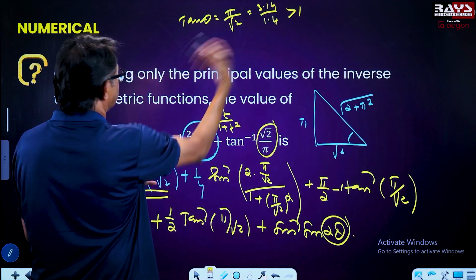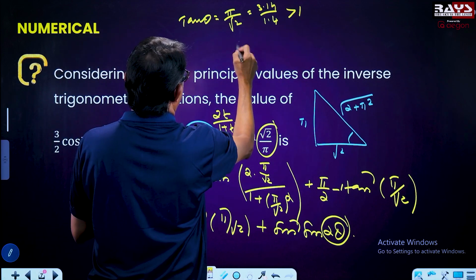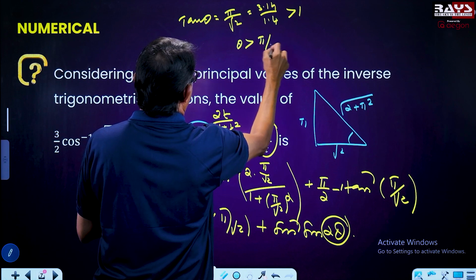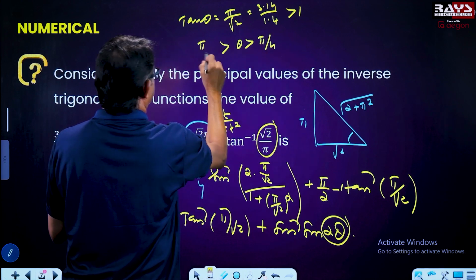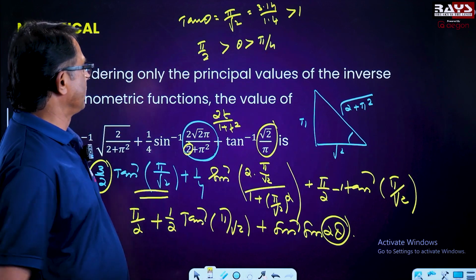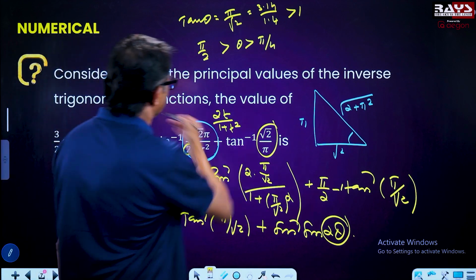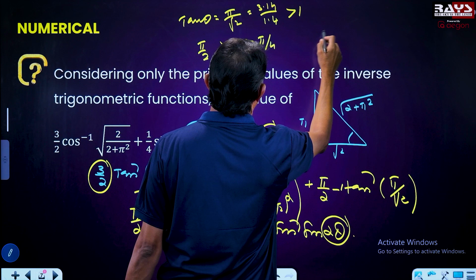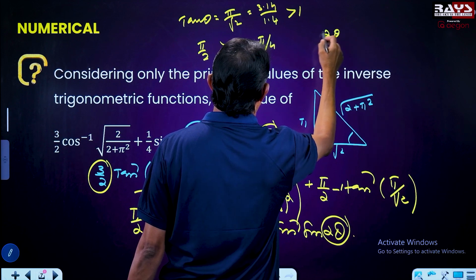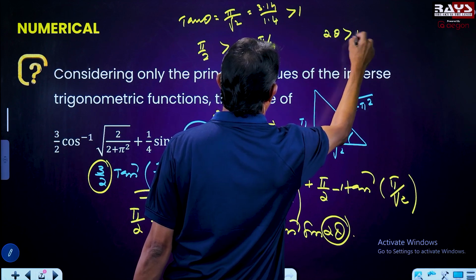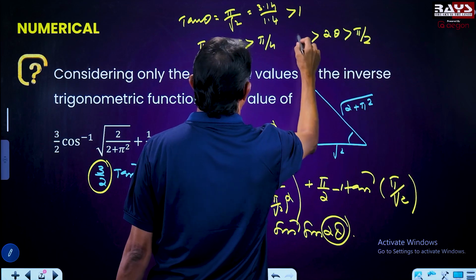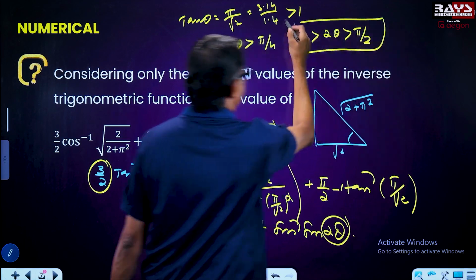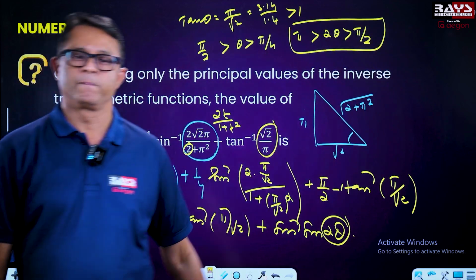That means theta is greater than pi by 4 and less than pi by 2. So what happens when you multiply by 2? 2 theta is greater than pi by 2 and less than pi. So 2 theta is between pi by 2 and pi.